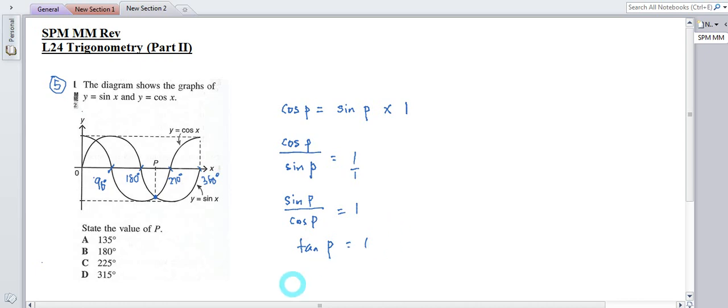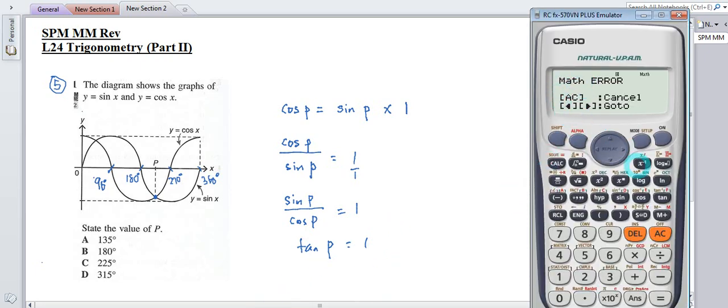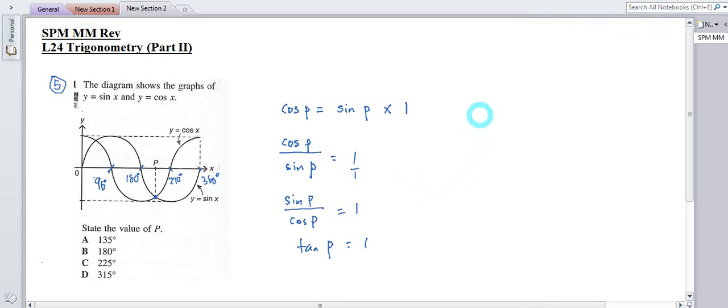So you just press your calculator, shift tangent 1. Okay, you get 45. So the 45 is actually the reference angle. Tangent, if we want to get positive, we know ASTC, it can be here, or it can be here.